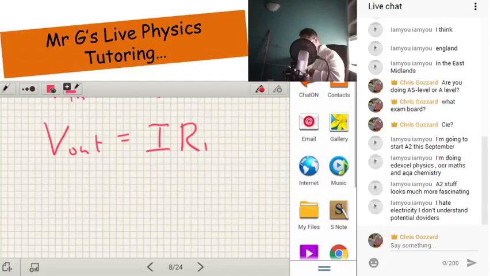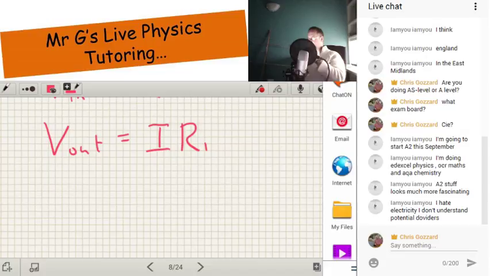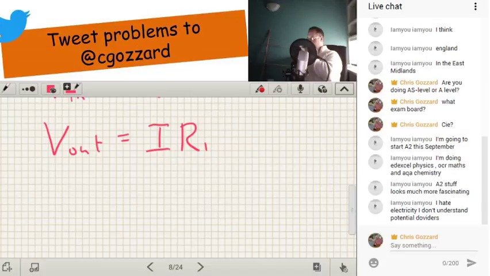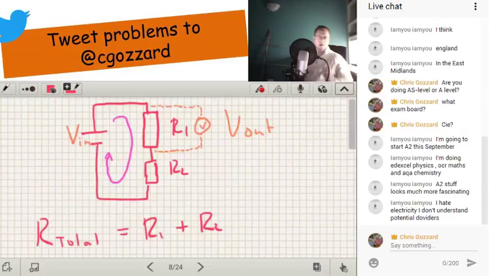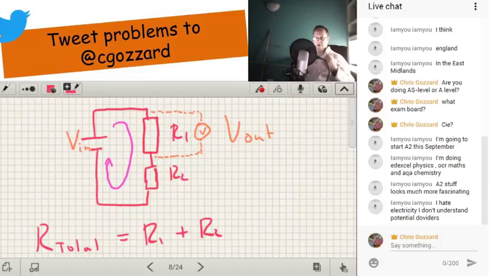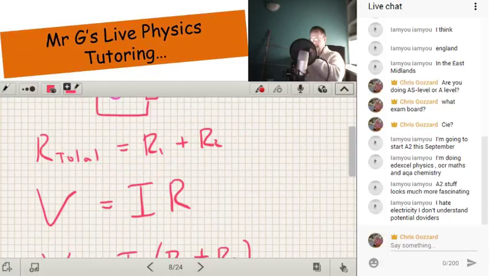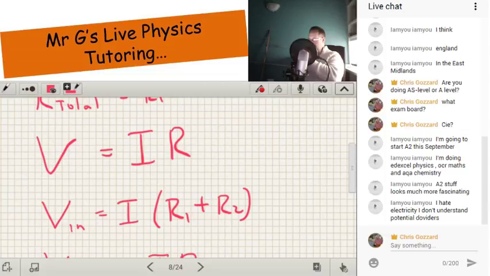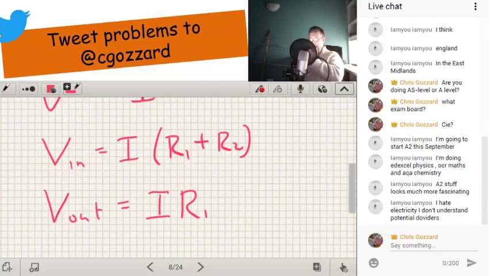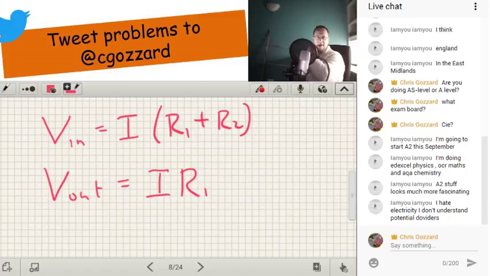So there's our circuit. V in is equal to I times the total resistance, R1 plus R2, and V out equals I times R1.